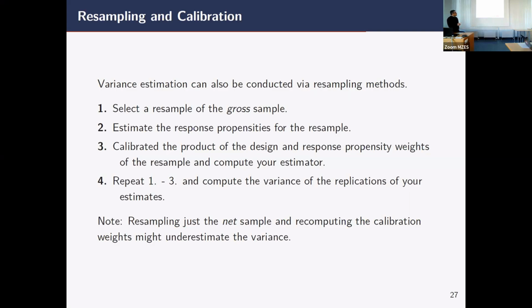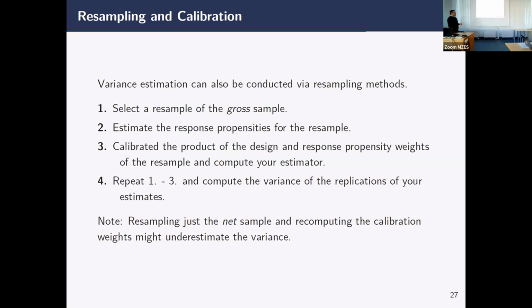So I'm estimating the response propensities for the resample, and then I'm calibrating on the product of the design weights multiplied by the estimated response propensity of the resample. So I'm repeating the process of estimating response propensities and calibration.